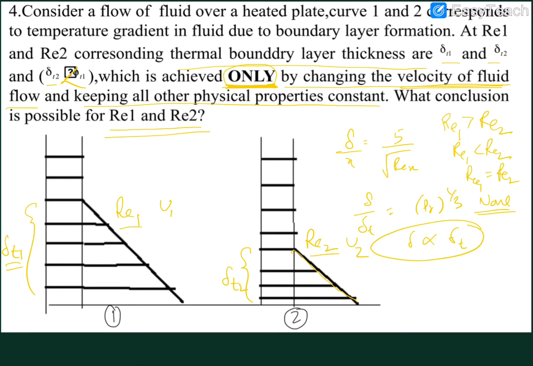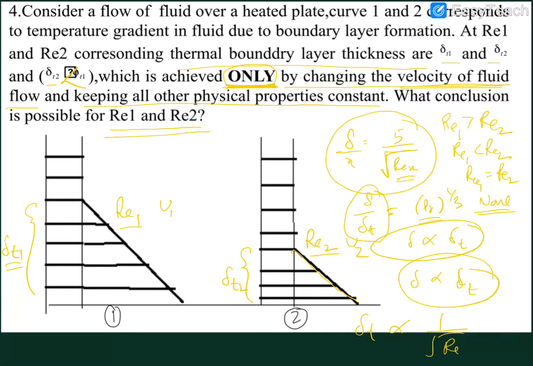Now you know from the relationship of hydrodynamic boundary layer and Reynolds number that they are related inversely, and there is also a relationship between hydrodynamic boundary layer thickness and thermal boundary layer thickness. From this relation we see that delta by delta T is directly proportional, so you can also say that delta thermal is inversely proportional to Reynolds number. It is saying this is achieved only by changing the velocity.